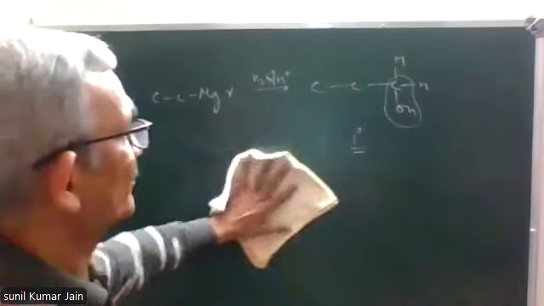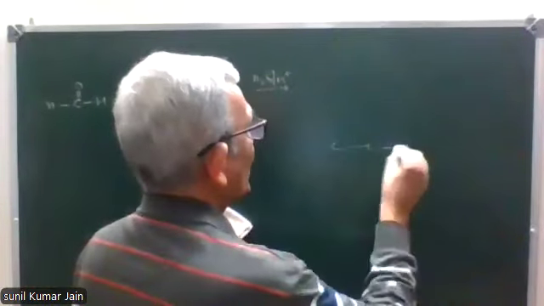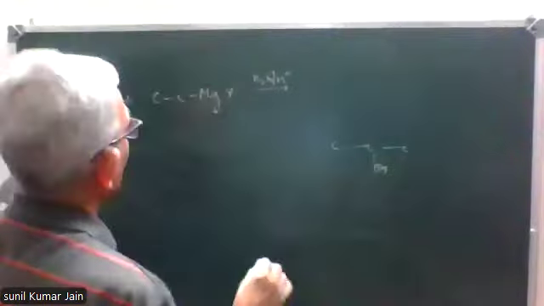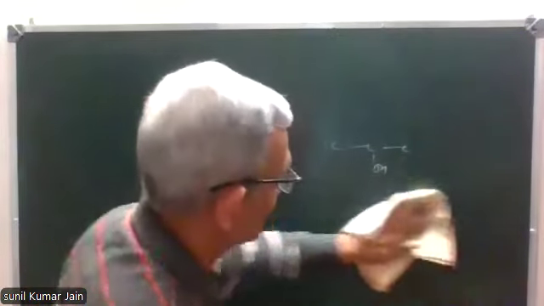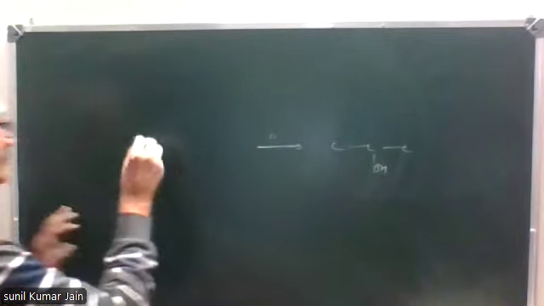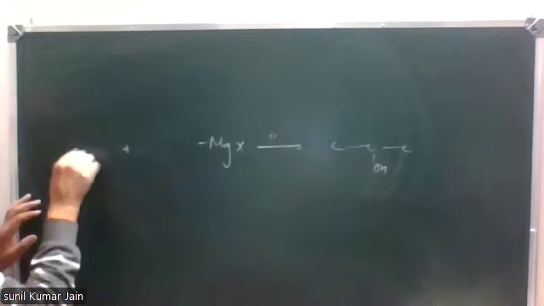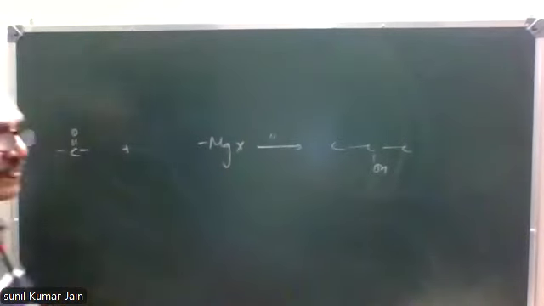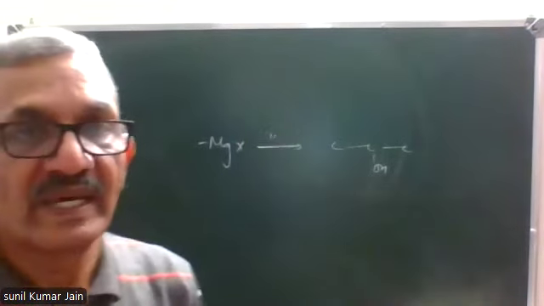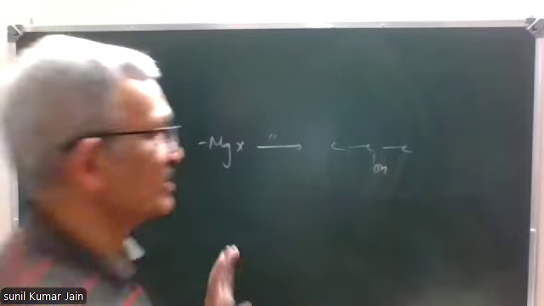More examples. Let us say I want to prepare 2-propanol. Again, first of all, we complete the valency of the carbon to which OH is attached.